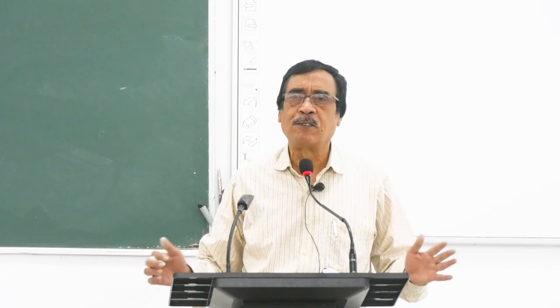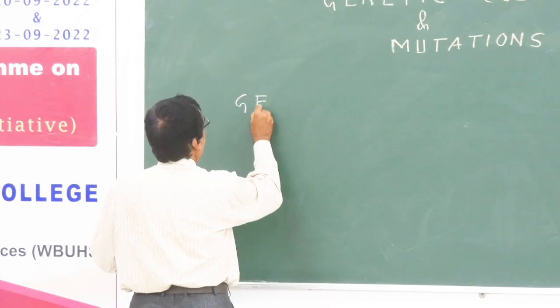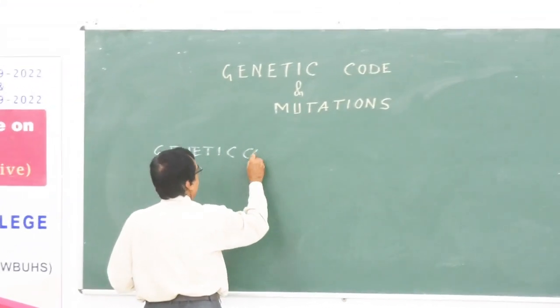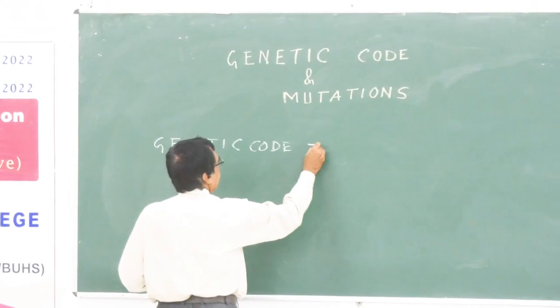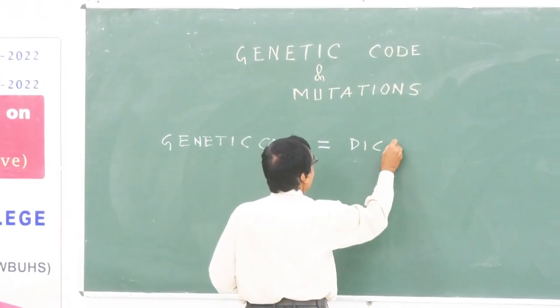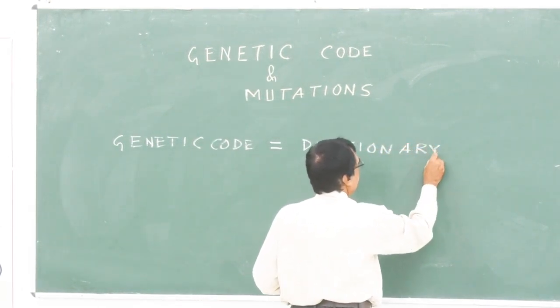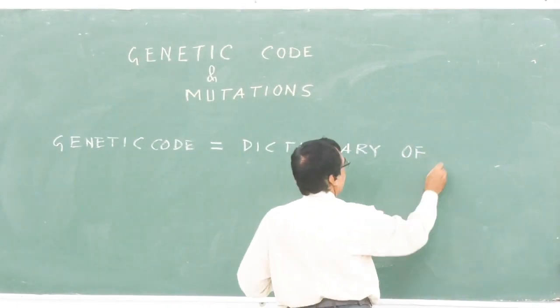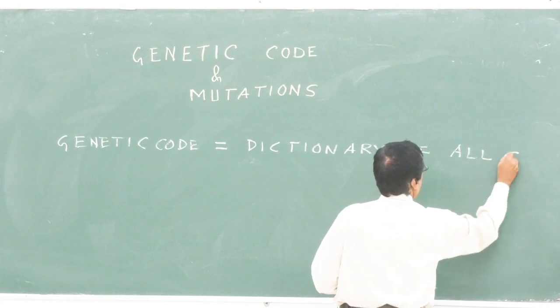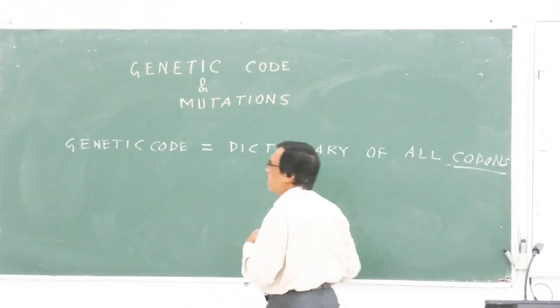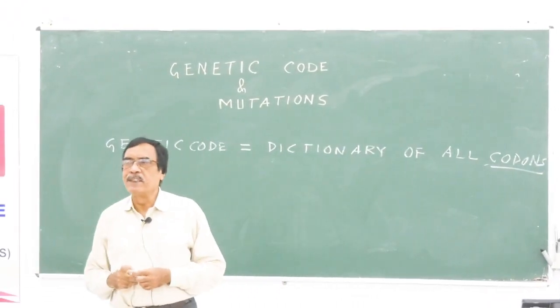Now, the genetic code is the dictionary of the triplet codons, the dictionary of all codons. The dictionary of the codons is termed the genetic code.